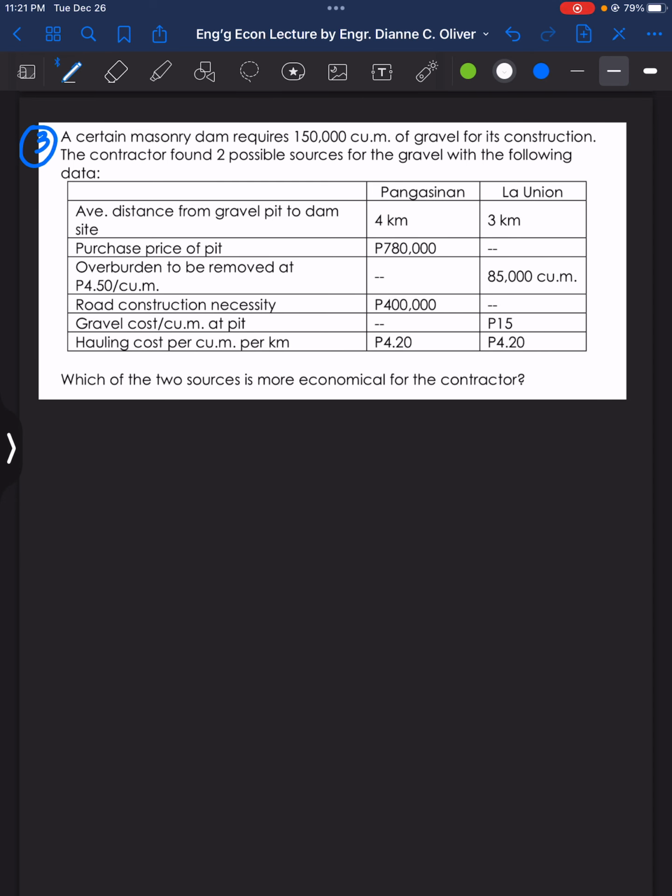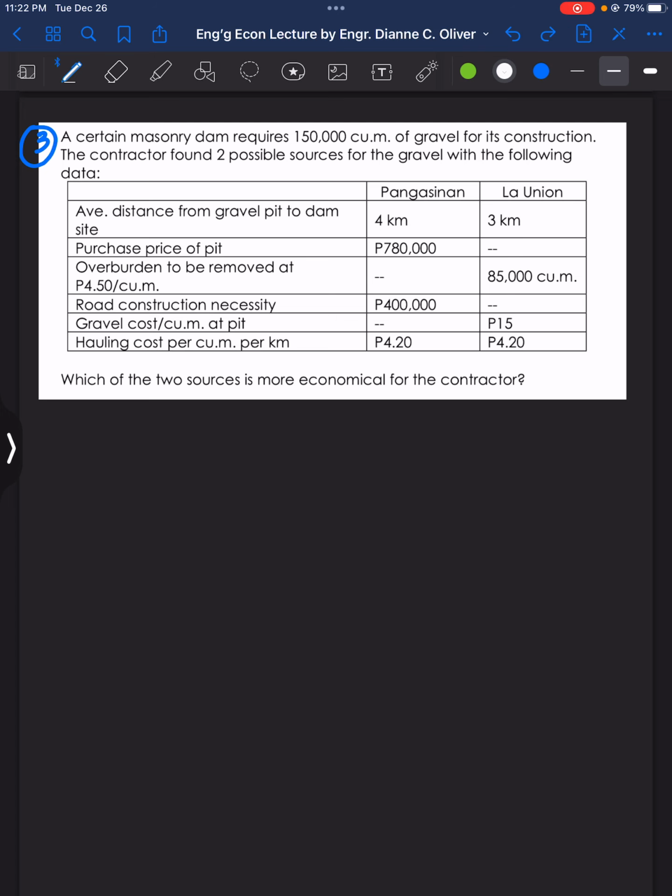Hauling cost per cubic meter per kilometer is 4.20 pesos as well. Which of these two sources is more economical for the contractor? So the contractor is choosing which between these two is more economical when it comes to sourcing gravel.